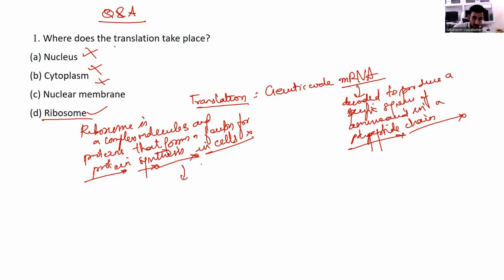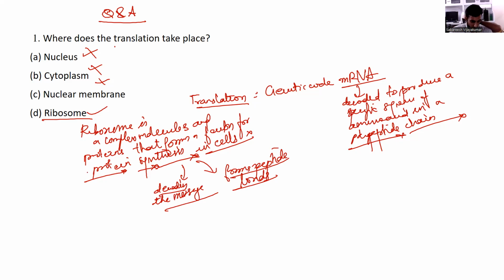So you should understand that the ribosome has primarily two functions. First function is decoding the message. Then it forms the peptide bonds. So what are the four processes of translation?